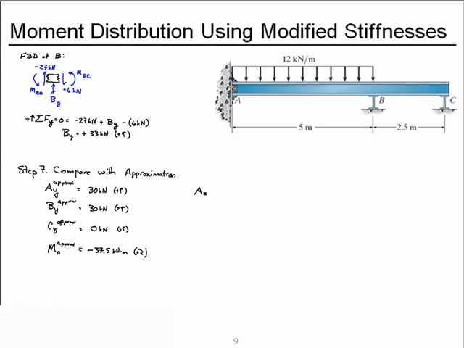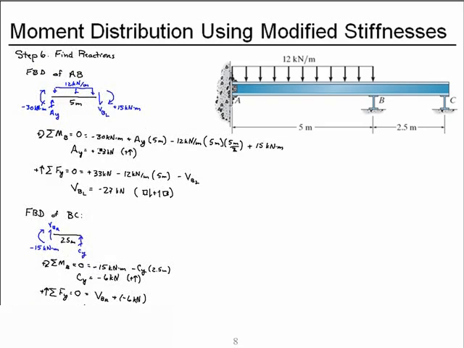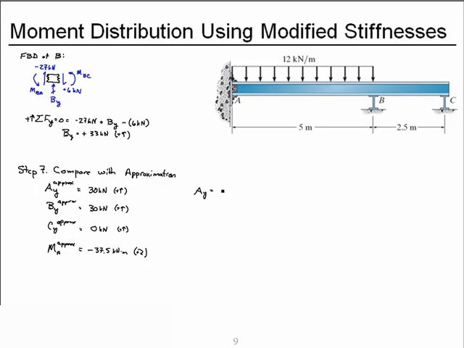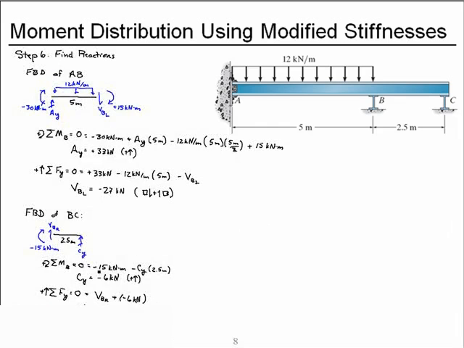Now to summarize what we found from moment distribution. We found AY to be 33 kilonewtons up, BY to be 33 kilonewtons up, and CY to be minus 6 kilonewtons up, or in essence 6 kilonewtons down.